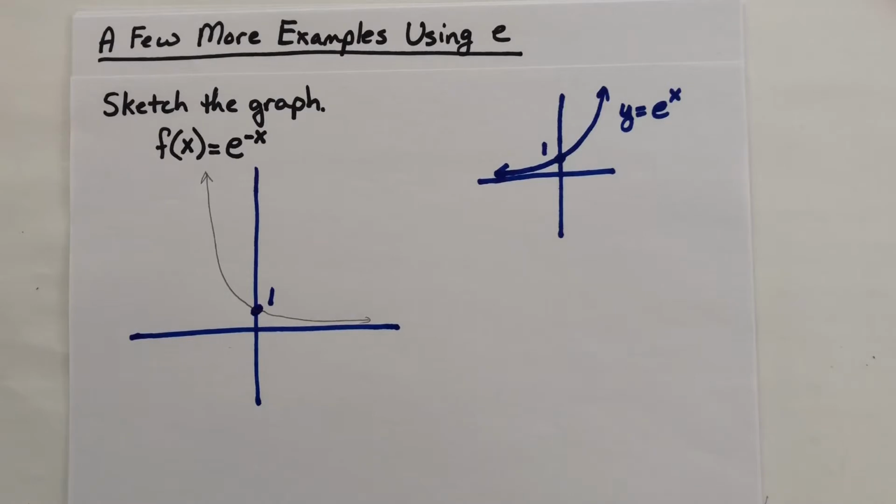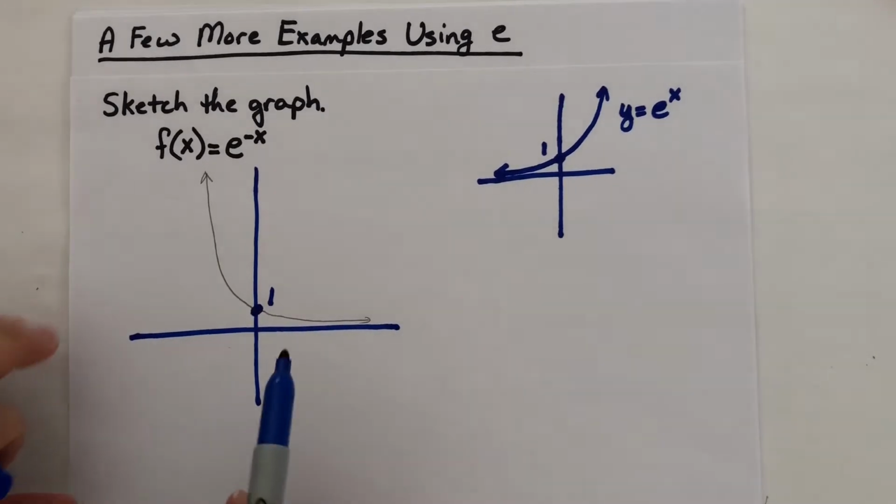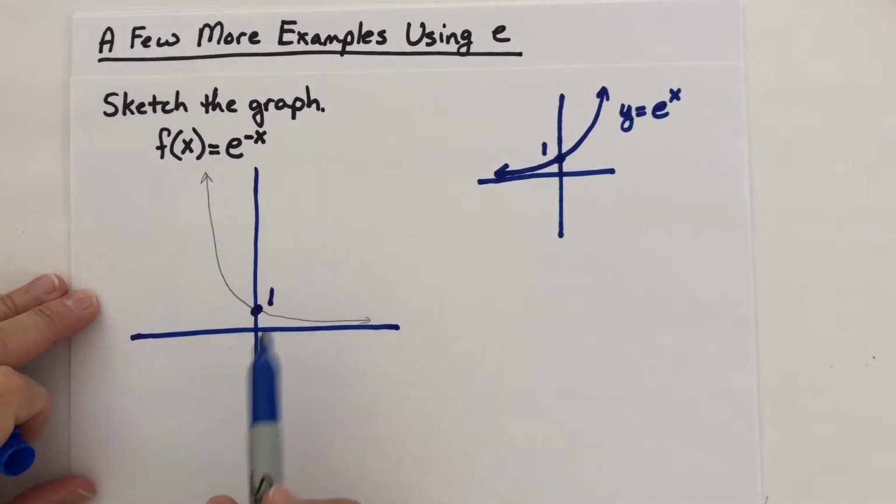But if it needed to be a little more refined than this, maybe the shape isn't perfect or close to perfect, and you wanted to plot a point, you could do that and make it look a little bit better. For example, for this particular problem, maybe I have it a little bit too steep.